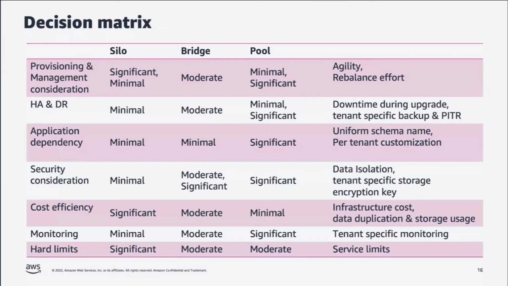And let's look into hard service limits. Depending on what service you are using in the tenancy stack, it could quickly become a limiting factor for your silo models. And another important factor I would like to highlight is transaction ID wraparound in PostgreSQL. It is minimal in silo, moderate in bridge, and very high in pool models.